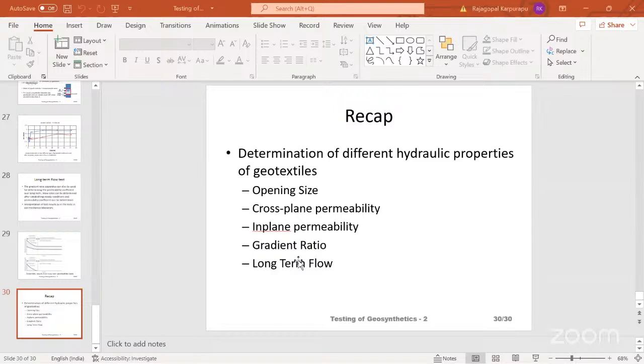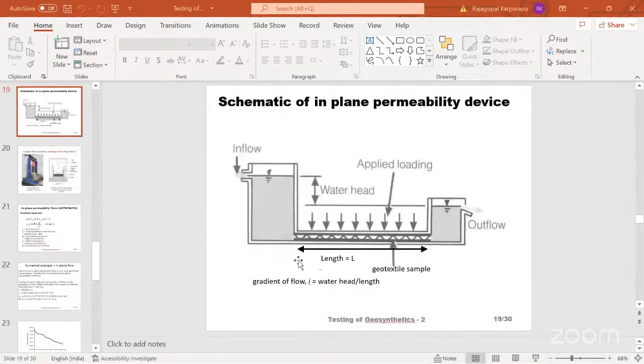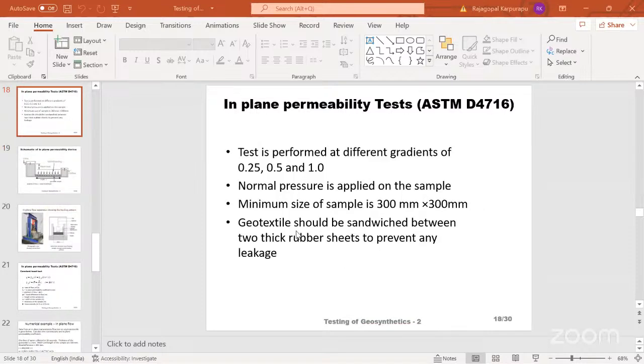I don't have any pictures of geotextiles here, but I think they're all given in one of my presentations about the different varieties of geotextiles, woven and non-woven. Yes, sir, it was there.